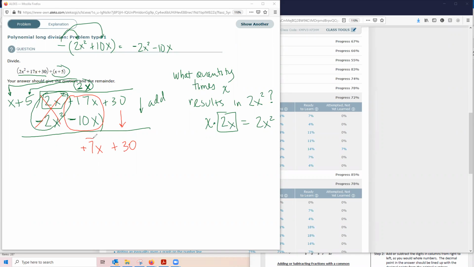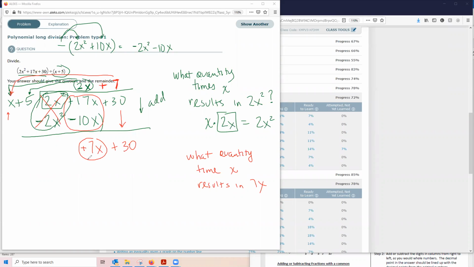I want to cancel out this 7x. So I'm going to look here at this x and ask myself, what quantity times that x in front results in the 7x I want to cancel out? Well, the answer to that is 7. So I'm going to put a 7 up here on top.